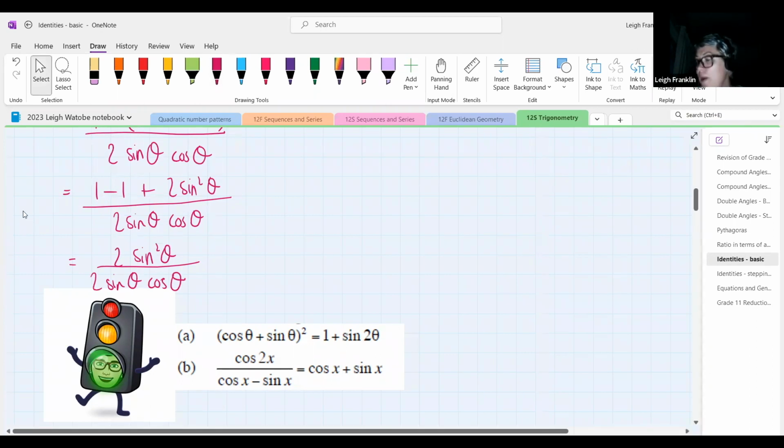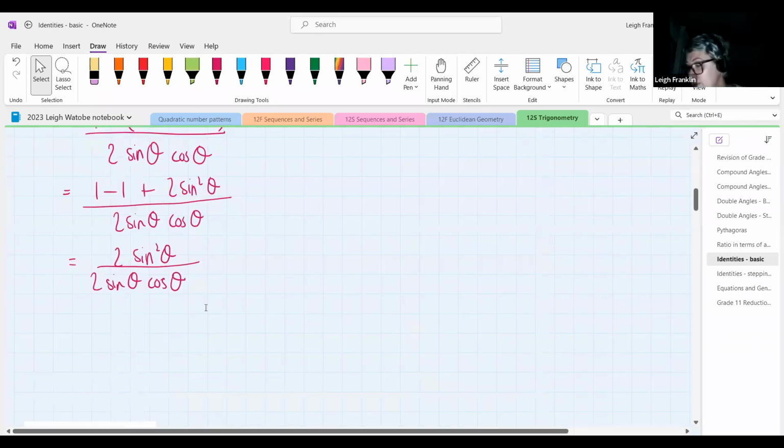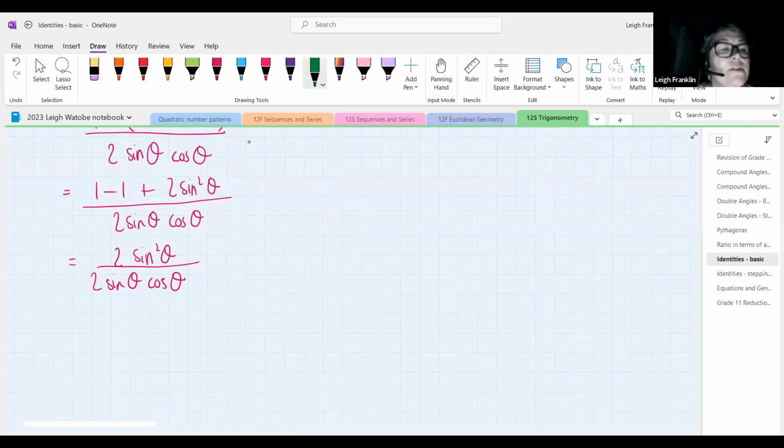And now that you have factors, you can now cancel down. So we can't cancel terms, we can't cancel over plus and minus signs, but we can cancel these. All right, so 2 divided by 2 we know is 1, and then sine theta goes into itself once and into sine squared theta, sine theta number of times.